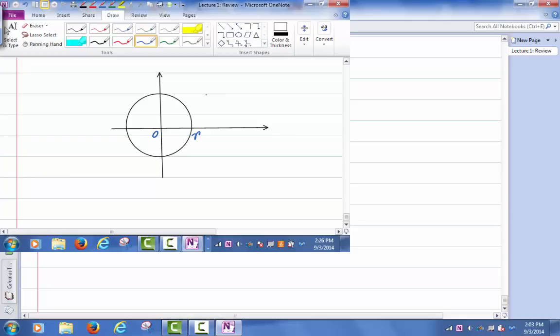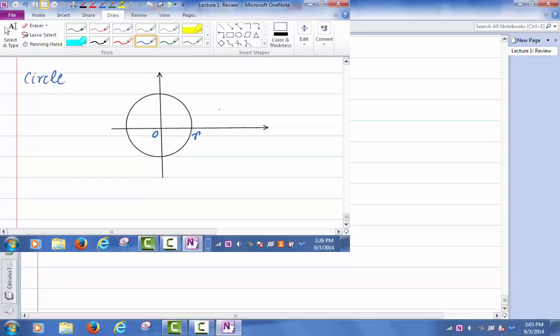So what is that? Anybody? What's the equation of this circle? I'm looking for the equation of the circle. Yeah, your 2 pi r is the perimeter of the circle. Did you have an answer?